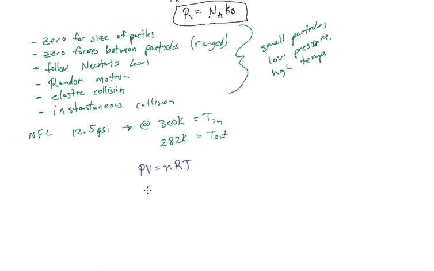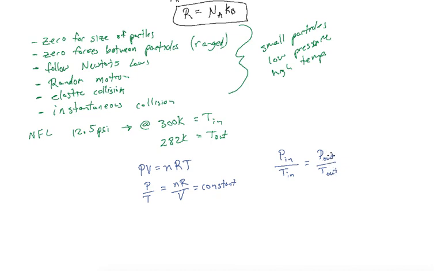So we can write that P over T is equal to nR over V. n is a constant, R is a constant, V is a constant, so this is just a constant. That means that the pressure inside over the temperature inside is equal to the pressure outside over the temperature outside.